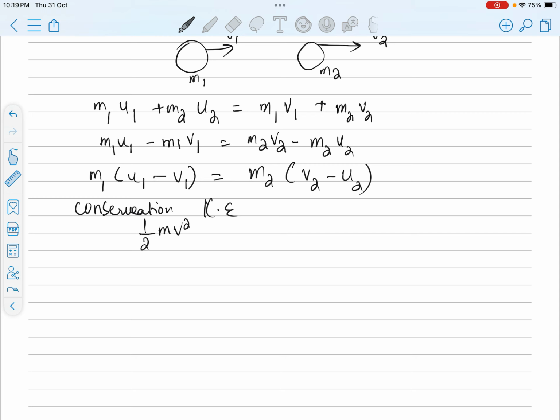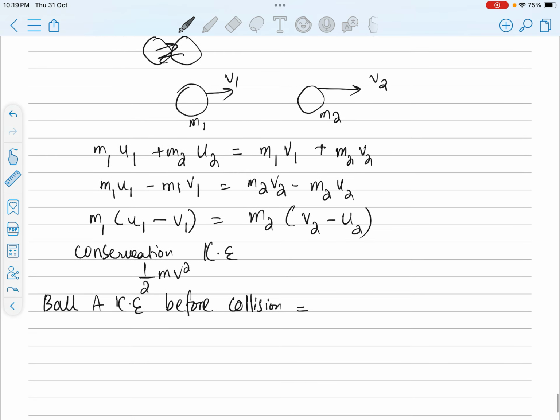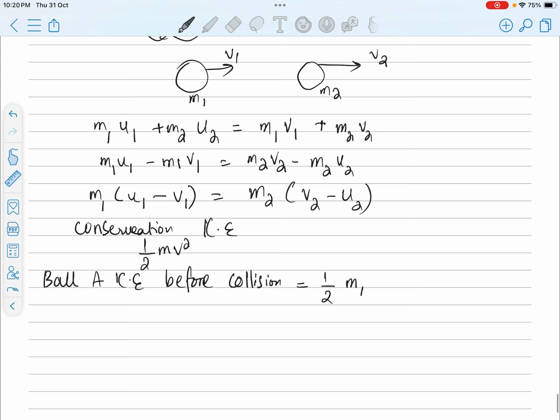Now the ball A kinetic energy before collision is half, mass is m1, velocity is u1, and square on velocity.